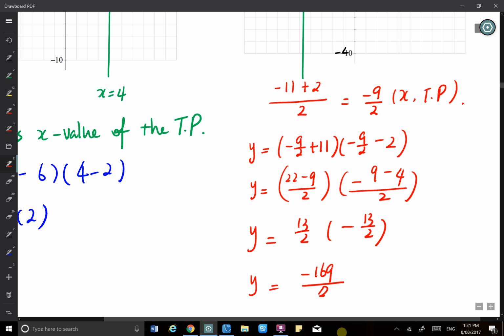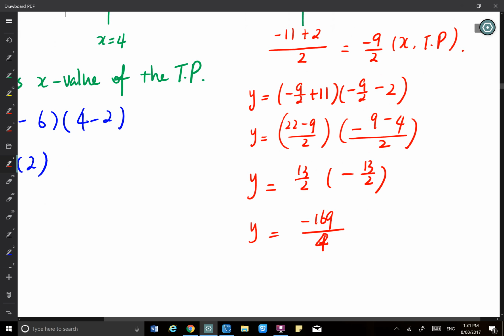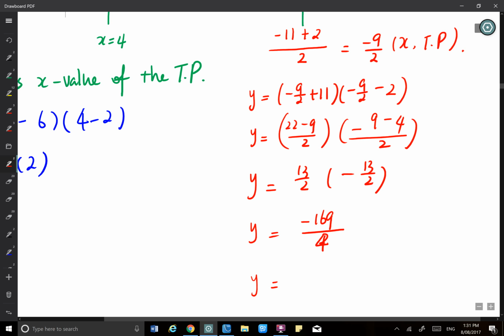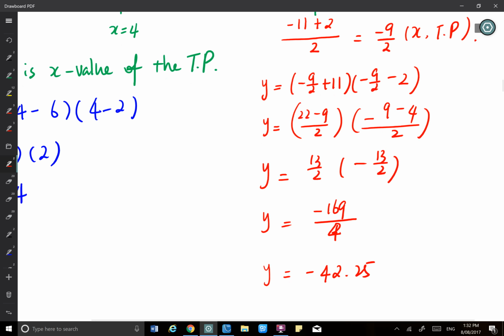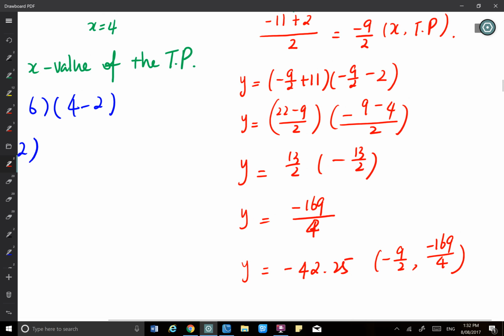We need to times them over 4. So this is negative 42.25. So this coordinates is actually negative 9 over 2, negative 169 over 4. That's the turning point.